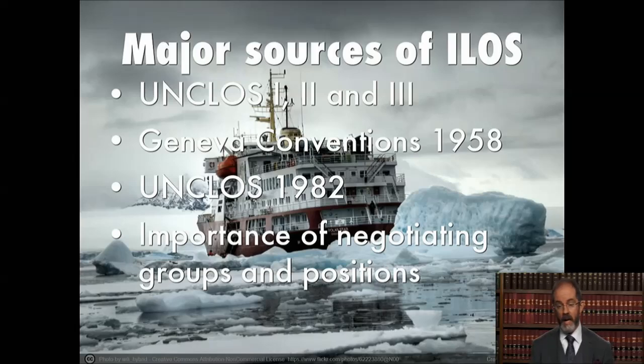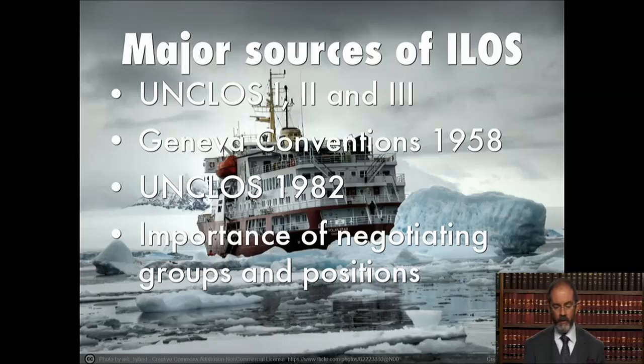Now, this was followed by another conference on the law of the sea in 1960 and a third conference on the law of the sea that ran from 1973 to 1982. So many textbooks will refer to that sequence of negotiations that resulted in different texts being adopted or not adopted as UNCLOS 1, 2 and 3.